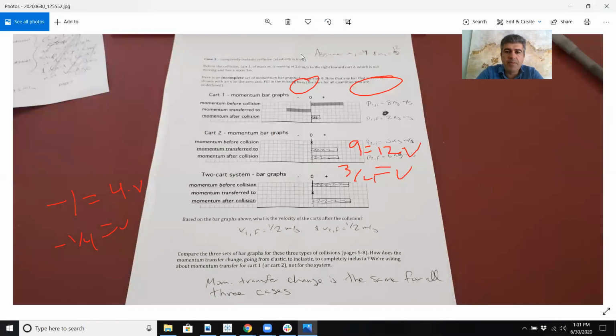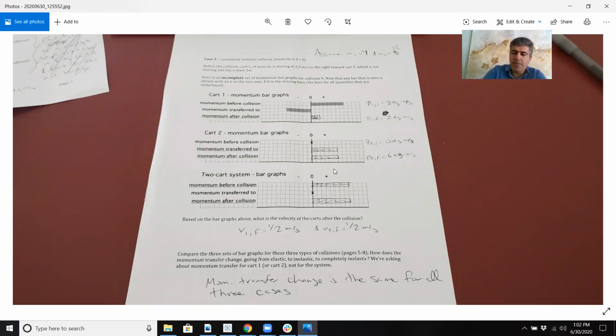For case 3, again, doing the same masses, the same speed for cart 1 going to the right. So now the net loss was 6 for cart 1, but the net gain is 6 for cart 2. 8 minus 6 is 2, so you have 2 here, but here 0 plus 6, so you get 6. But overall, the total momentum before and after is going to be 8 and 8. It is conserved.